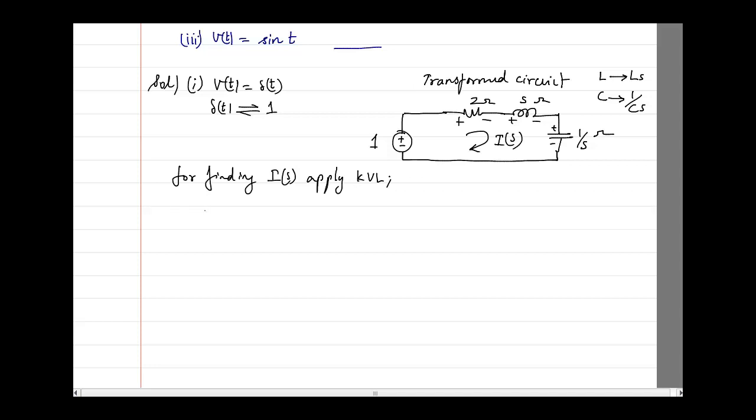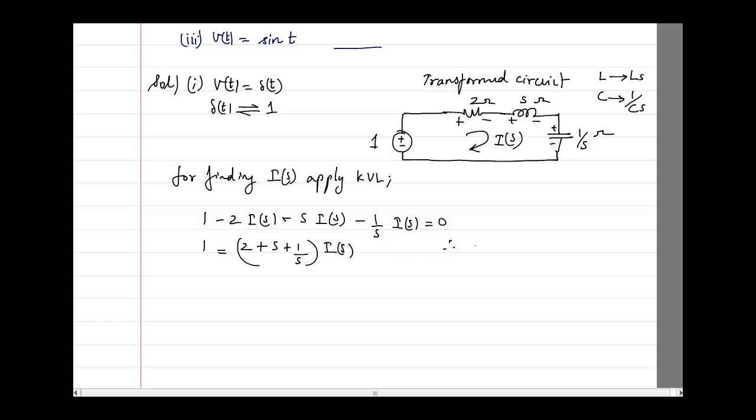So I will get 1 minus 2 I of s minus s I of s minus 1 by s I of s is equal to 0. If I rearrange, I will get 1 is equal to 2 plus s plus 1 by s times I of s. I have taken these three terms to the right side.